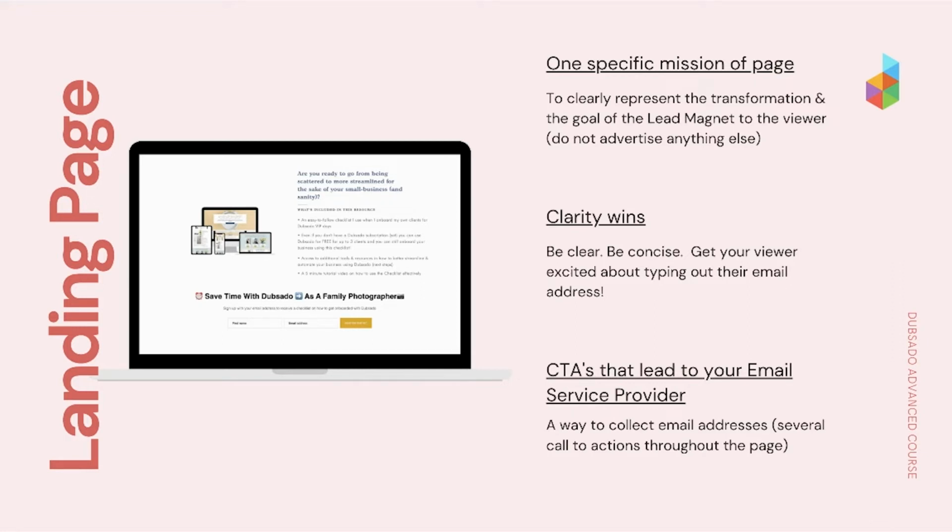I will go a little bit into what that means, but the way you can collect email addresses is with some sort of embedded code from your email service provider, because they will then collect the emails for you. That's where you can house the email addresses, and that's where you can send out weekly newsletters. That's how you can send out the lead magnets.